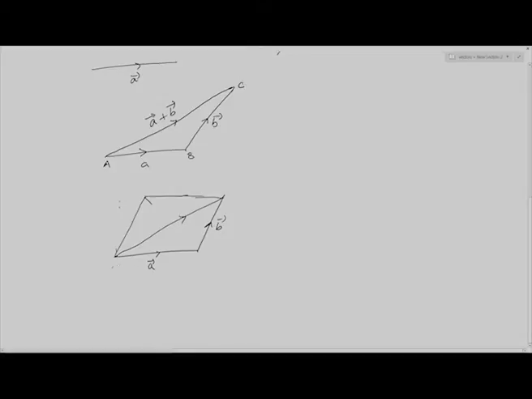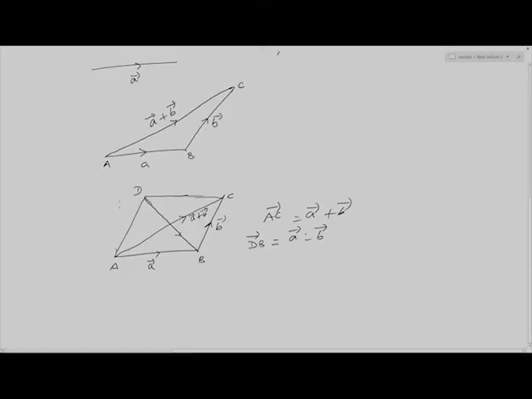If I denote the vertices by A, B, C and the new vertex D, then we have already seen that AC is A plus B, and the vector DB is A minus B.